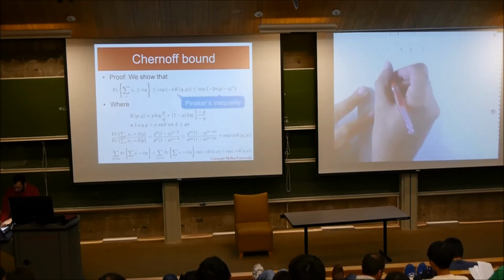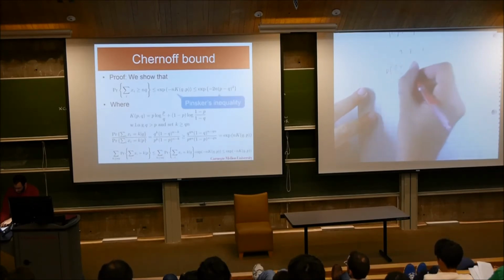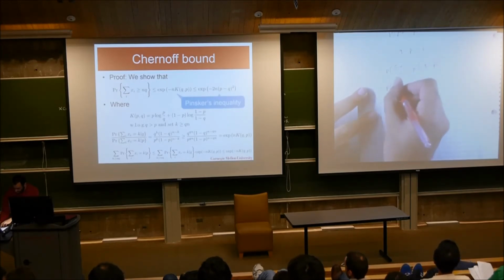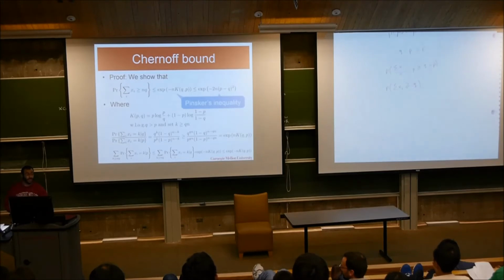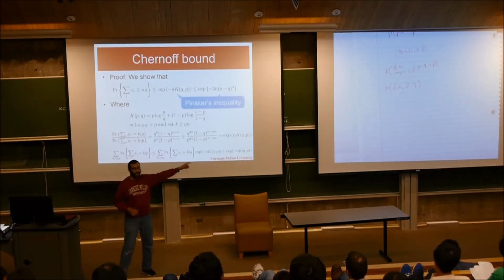Then this means the probability that sigma xi over n minus P is greater than or equal to Q minus P. And this immediately gives this. So this is the left-hand side of our inequality, and this one is the right-hand side, exponential of minus 2n epsilon squared.